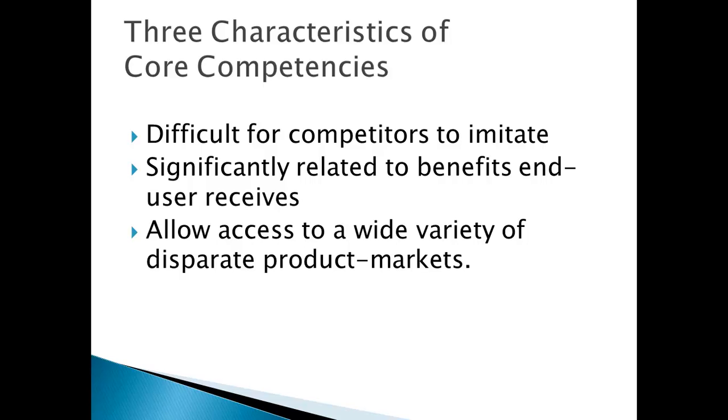A second characteristic to meet this precise definition of core competency is that whatever a company claims it is excellent in should be significantly related to the benefits that the users of the product or service receive. So an example here would be, think of how customers make decisions.